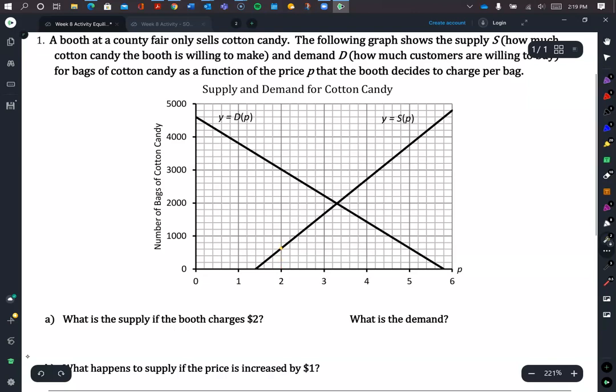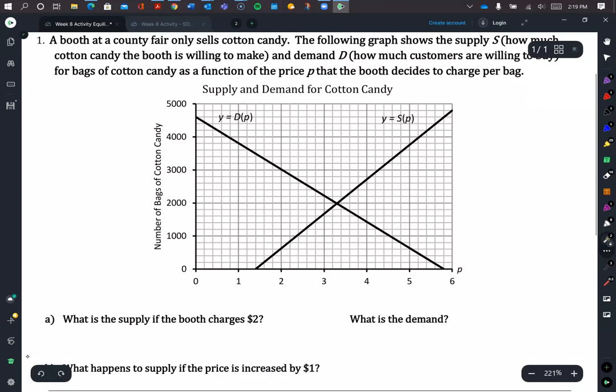And so we're going to go over to the left and look at the number of bags. So about how many would that be? These are in increments of 200. So 200, 400, 600, 800. So that's what you're going to do for this part. I'm not going to give the answer away. Kind of showed you how to find it.